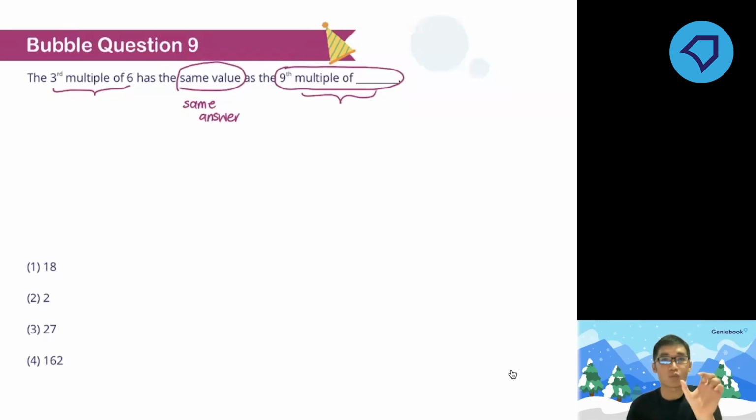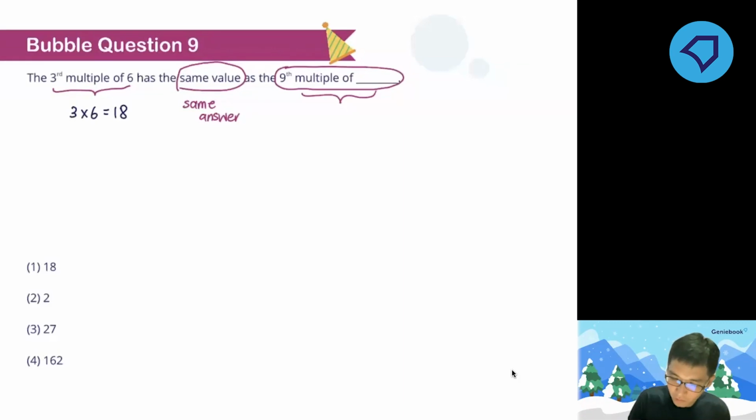So let's find out first what's the third multiple of 6. Okay, so if you go down your multiplication table of 6, we have 6, 12, and the next one is 18. 18 is the third multiple of 6. Of course, you can do it this way. 3 times 6 gives you 18. Now it says it must have the same value as the other part.